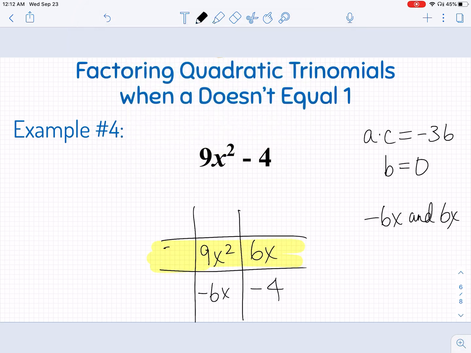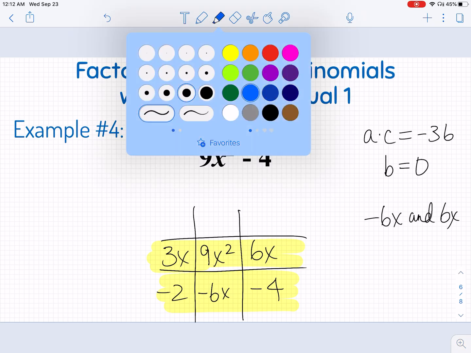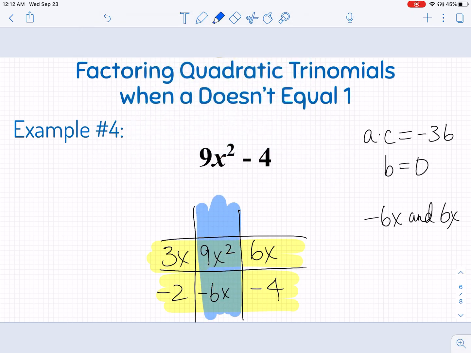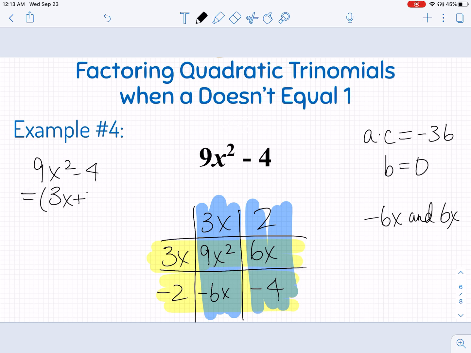So this would be 3x, this would be negative 2, this would be 3x, and this over here would be positive 2. So we get that 9x squared minus 4 is equivalent to 3x plus 2 times 3x minus 2.